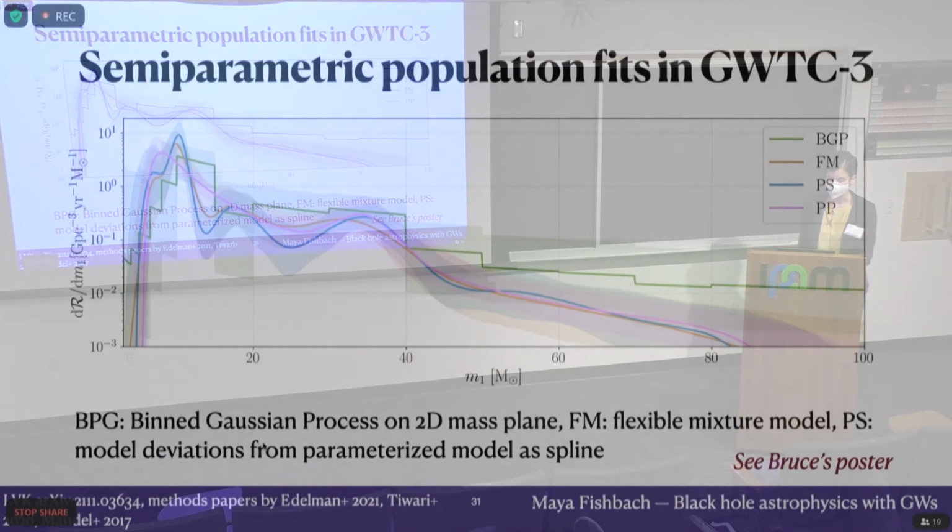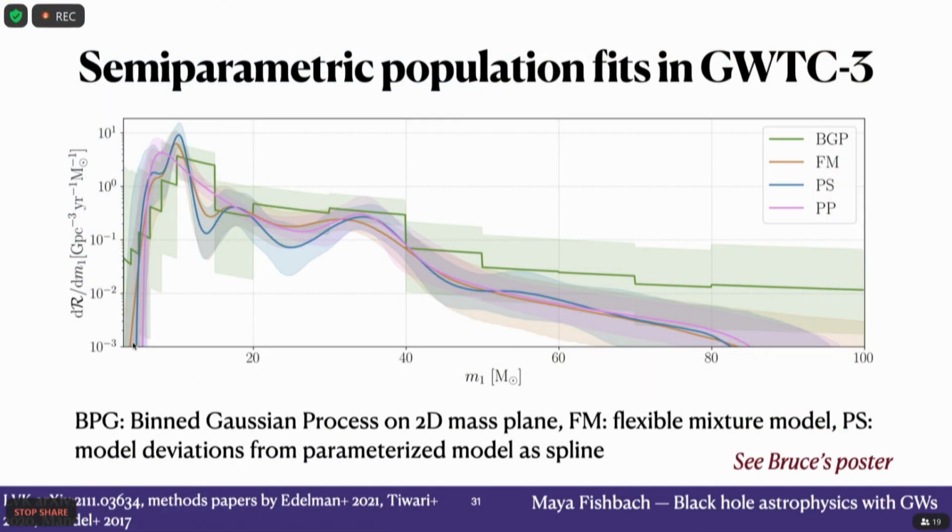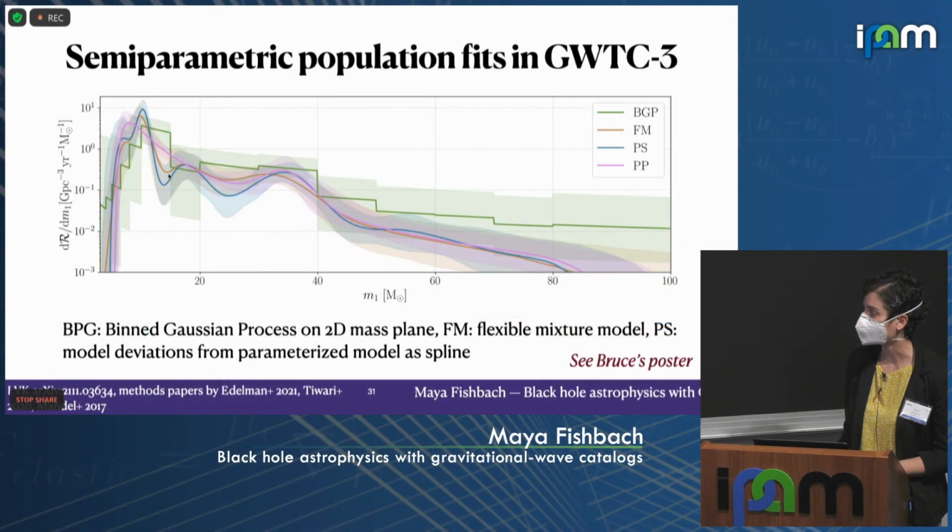This was something that a lot of people here have worked on, and that the LVK did for the first time in its recent paper, which included some of these non-parametric or semi-parametric population fits. In the interest of time, I'm just going to advertise Bruce's poster. You should talk to Bruce if you are interested more in how this is currently done.